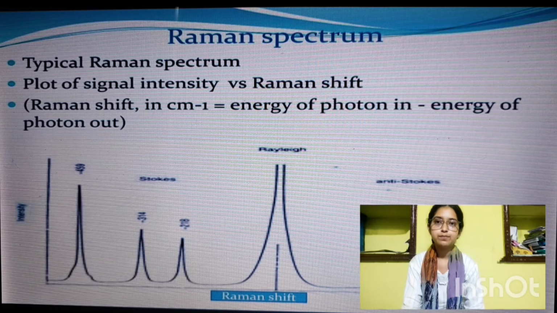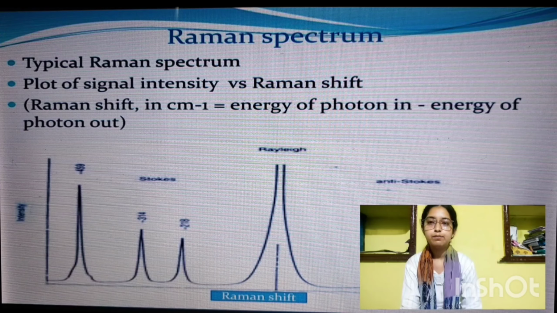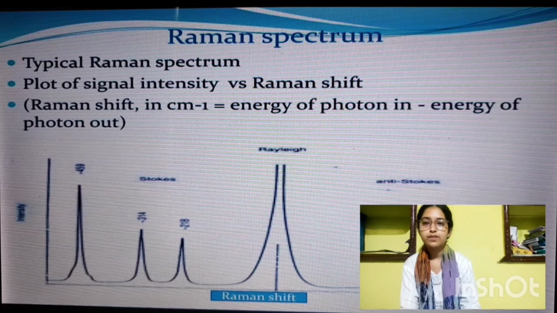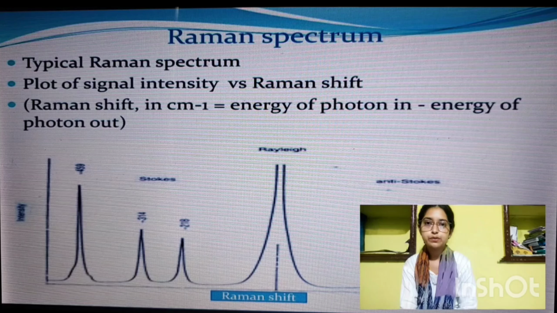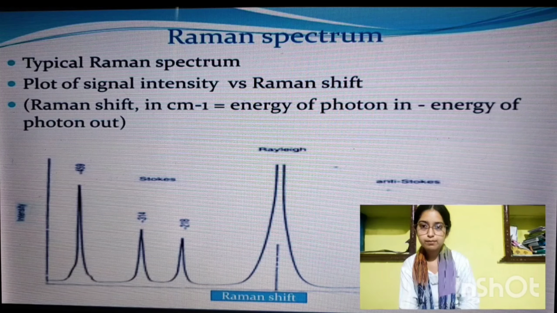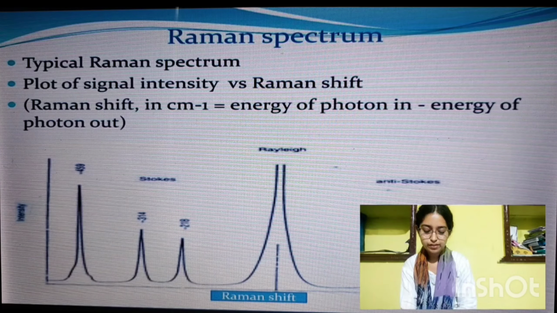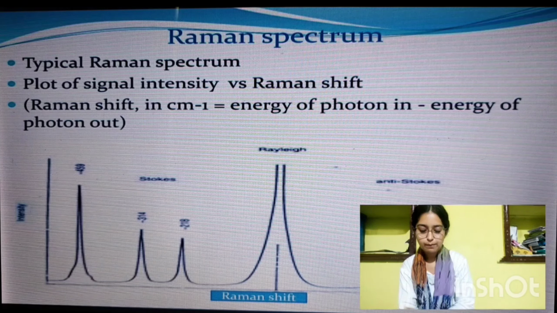Raman spectrum is basically a plot of signal intensity versus Raman shift. So Raman shift in inverse centimeters is equal to the energy of the photon in minus the energy of the photon out. Raman spectroscopy basically tells us about a molecule's structure, its composition and properties, by analyzing how the light interacts with its chemical bonds.